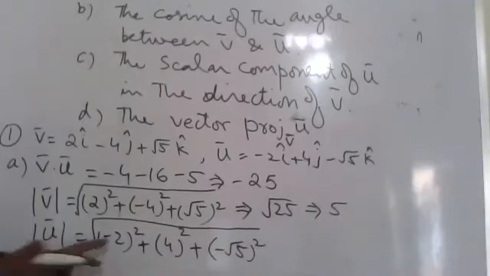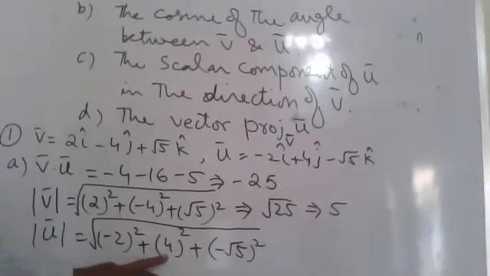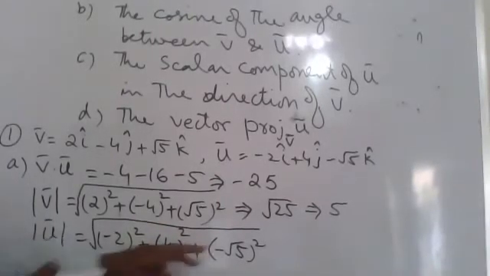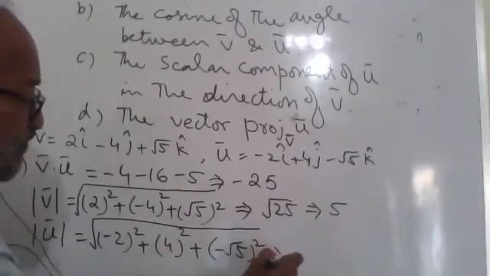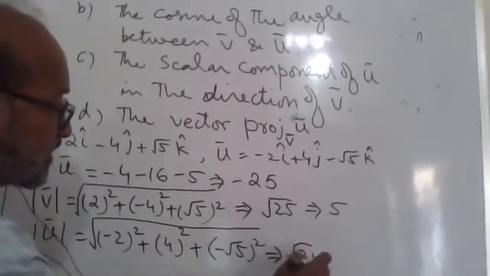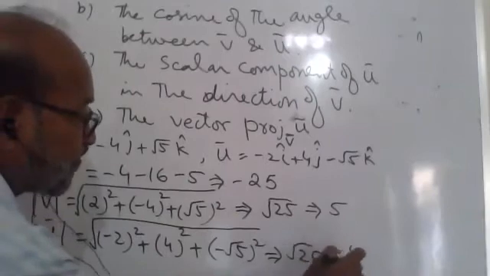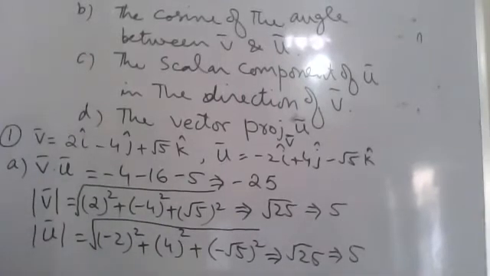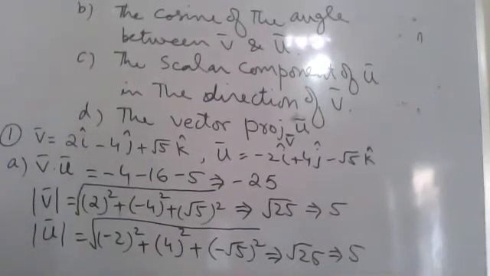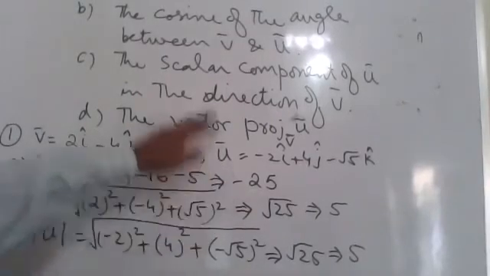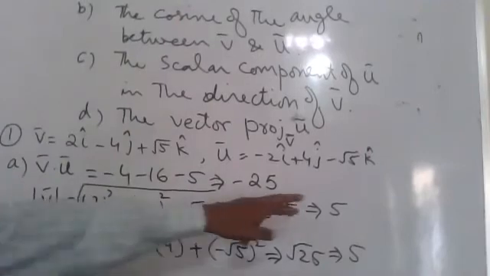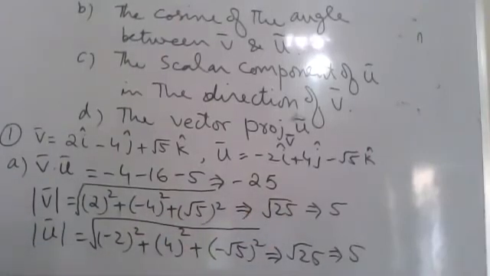It will also become 4 plus 16, 20, 20 plus 5 is 25, root 25, so the answer is equal to 5. So the a part has been finished: u dot v is equal to minus 25, the magnitude of v is 5, and the magnitude of u is also 5.